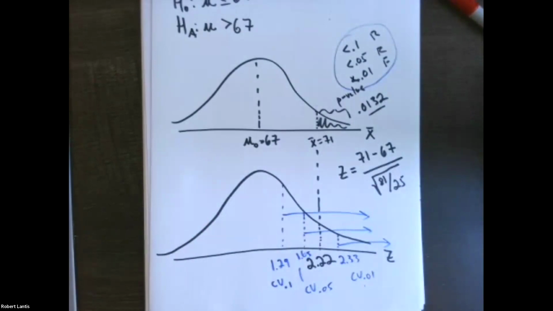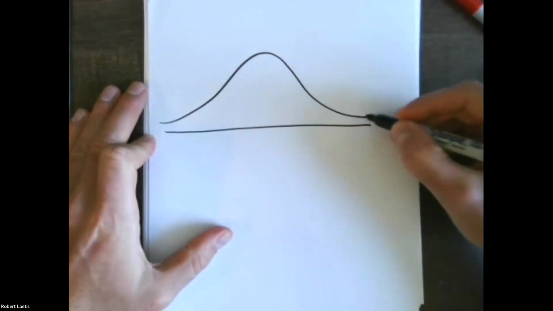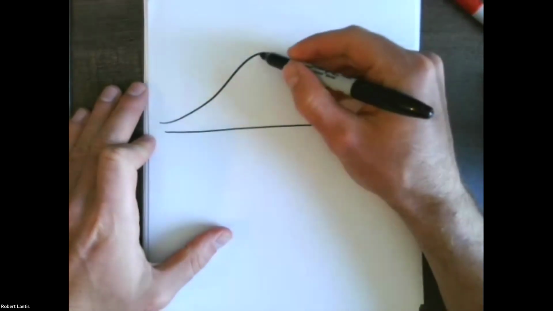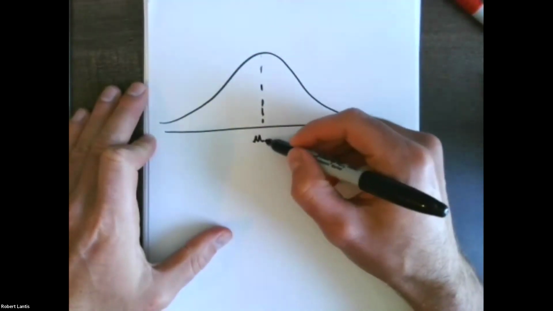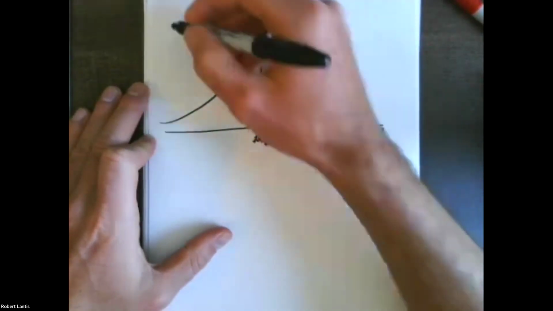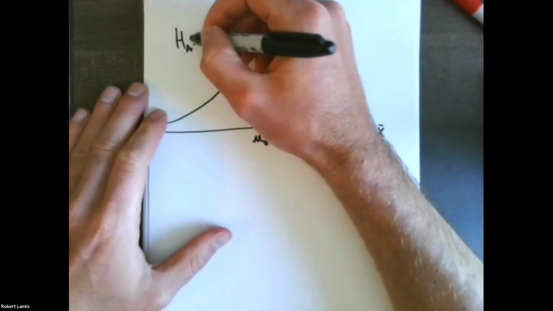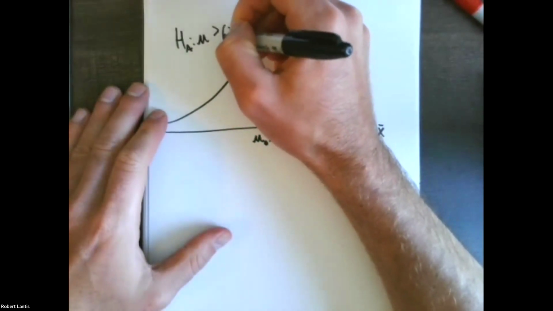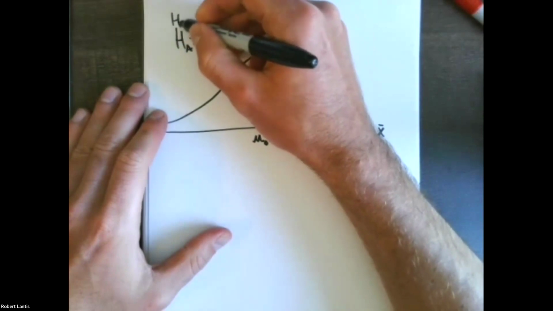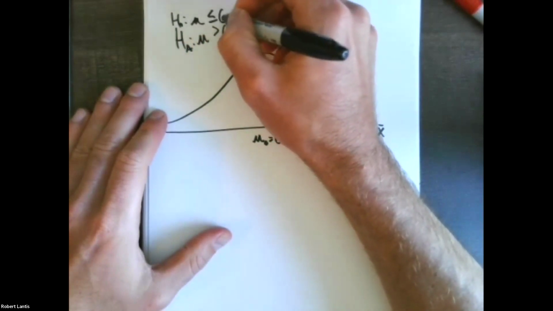Okay. Let me think here what I want to do. I want to point out two other things, and I'll use this example to do so. So if I think about this test, let's say I had this as my null and alternative hypothesis.